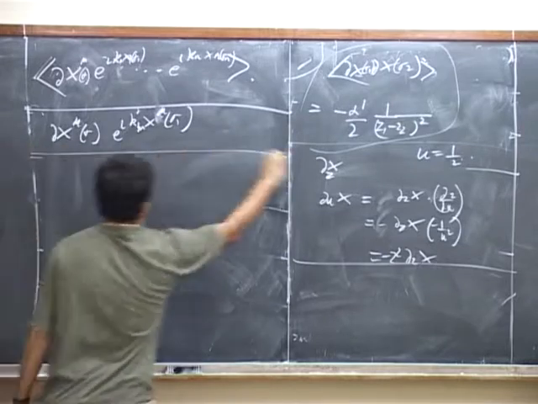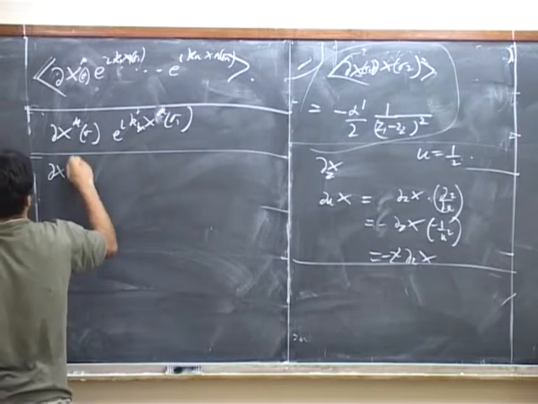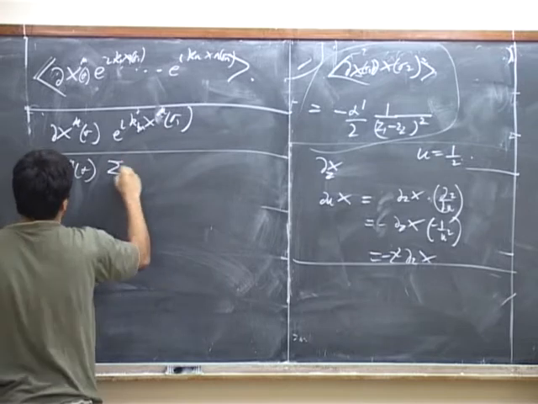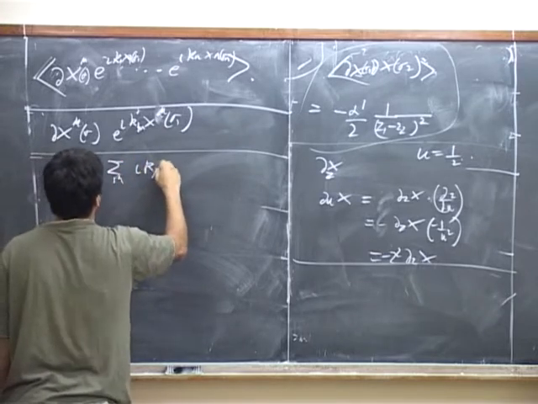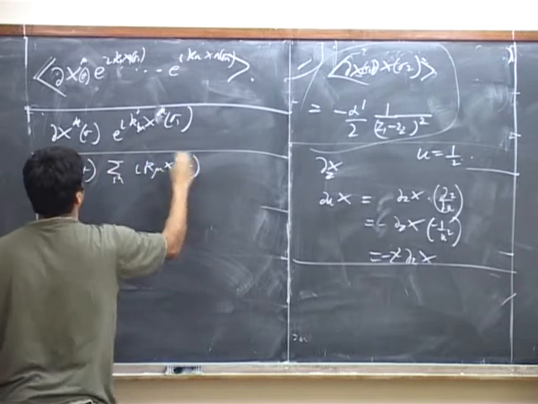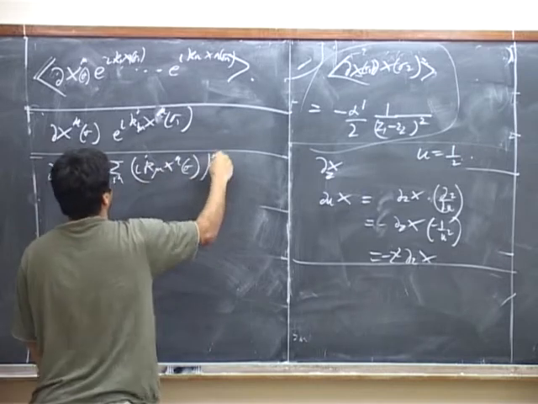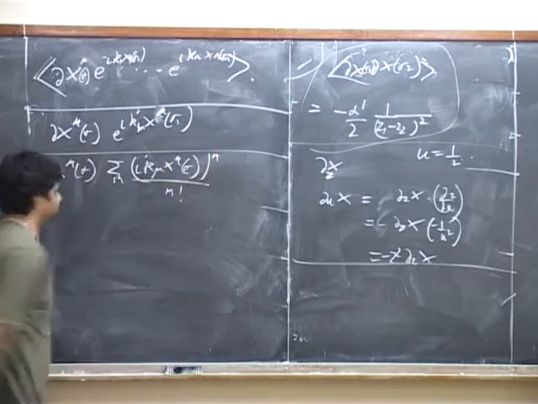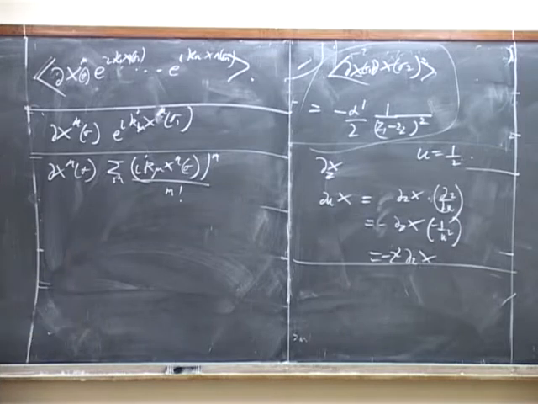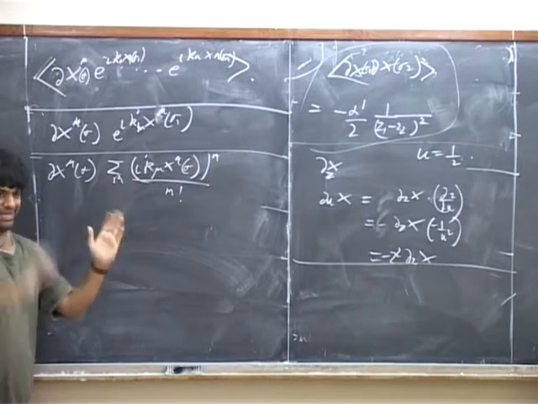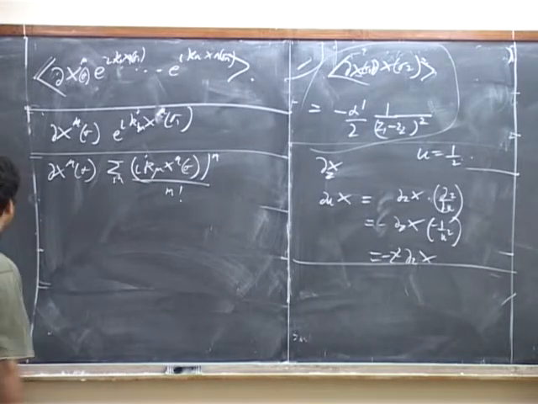So one way to do it is to expand the exponential: del x mu of sigma times the sum over m of (i k mu x mu of sigma 1) to the power m by m factorial. And then all singularities in the OPE are given by contractions.